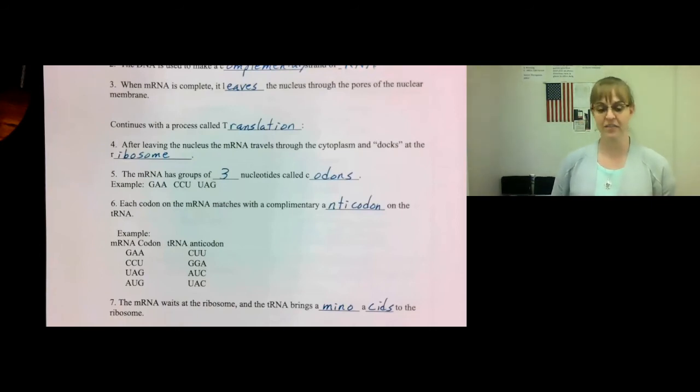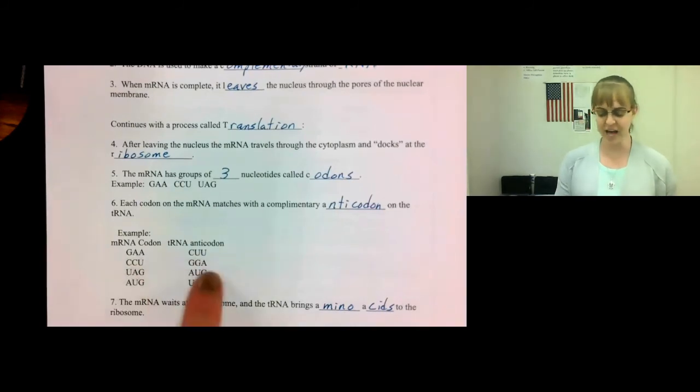Each codon on the messenger RNA matches with a complementary anticodon. Once again, complementary, equal but opposite. That's why it's an anticodon. It's opposite. And it matches with a complementary anticodon on the tRNA. So kind of equal and opposite, and we'll learn more about that later.